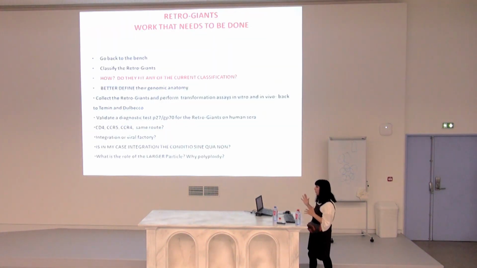So the work that needs to be done is, of course, you don't have to believe me because I'm not a prophet delivering a sermon. But we have cells, so we can go back to the bench, we can isolate the giant, and we can go for extraction and better define the genetic anatomy, and then validate a diagnostic test. I think the GP27, GP70 for the retrogiant works very well because this was the bait that permitted the discovery.